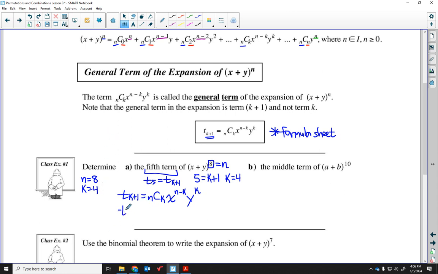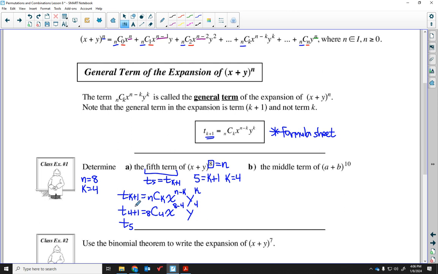So t subscript 4 plus 1 would be equal to 8 choose 4, x to the power of 8 minus 4, and then y to the power of 4. We simplify this a bit. 4 plus 1 is 5, so this is term 5.